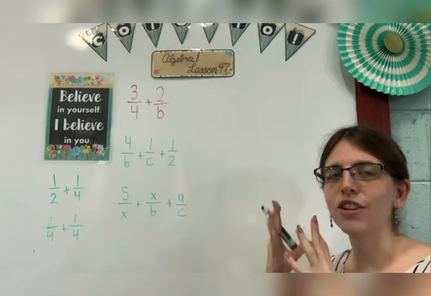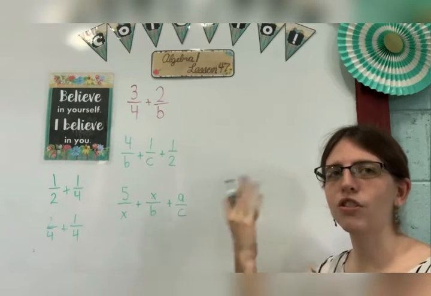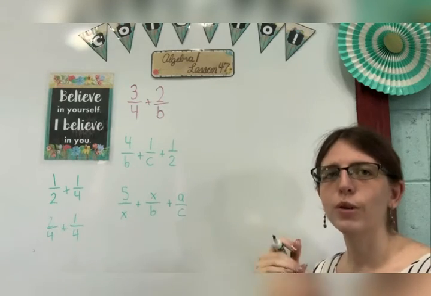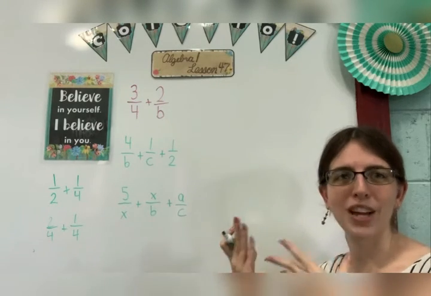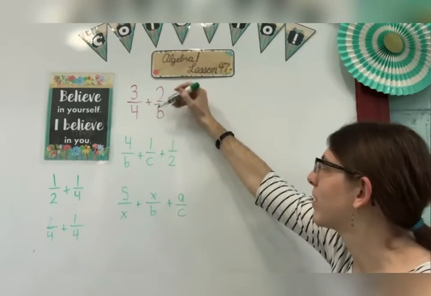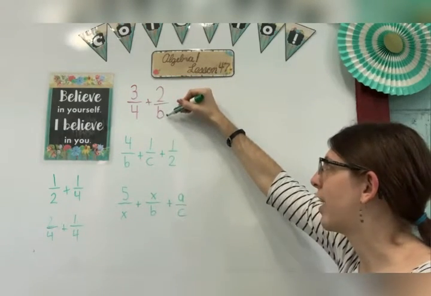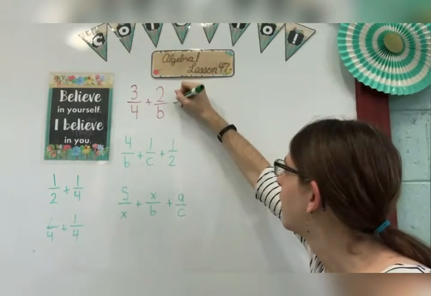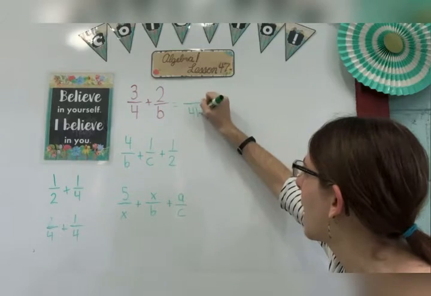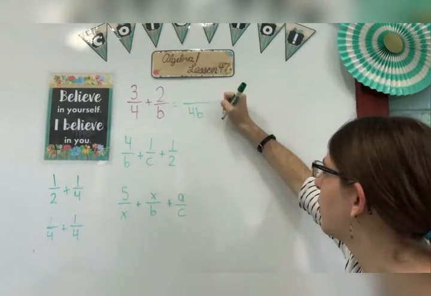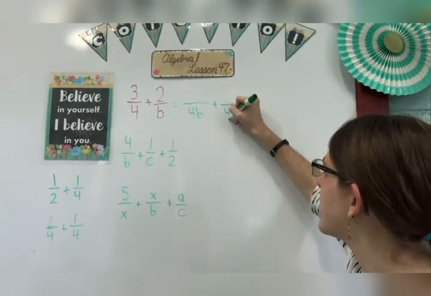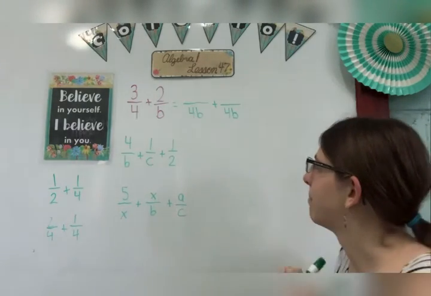You first find the least common multiple of your numbers, then you find the least common multiple of your letters, which is all the letters, the greatest number of times they've been used. Here, your least common multiple for your number is 4. Your least common multiple for your letters is B. So that means the new denominator has to be 4B, because 4 is for the number, B is for the letters. So I have 2 fractions that are now going to be over 4B.